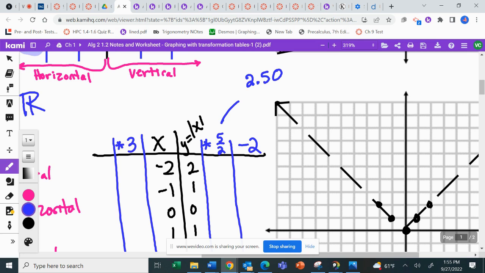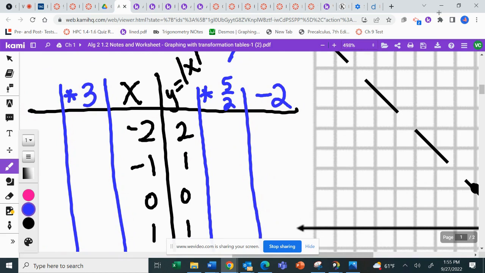It's $2.50 times 2. Or what's 25 times 2? 50. So it's 5. Think in those terms. It's pretty easy to do that fraction. So this one's 5.